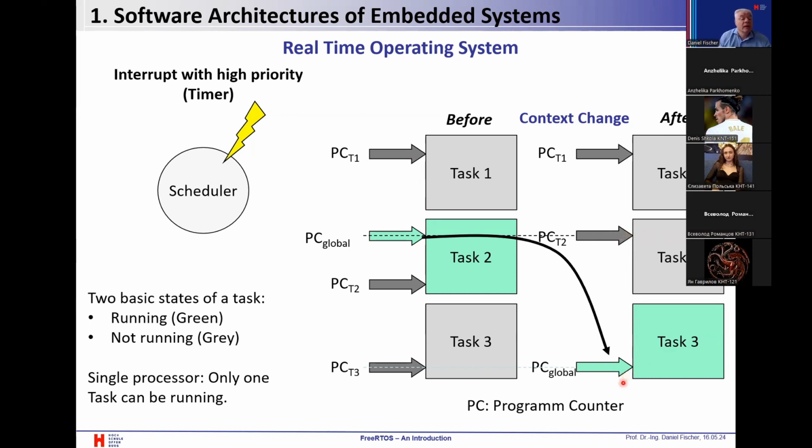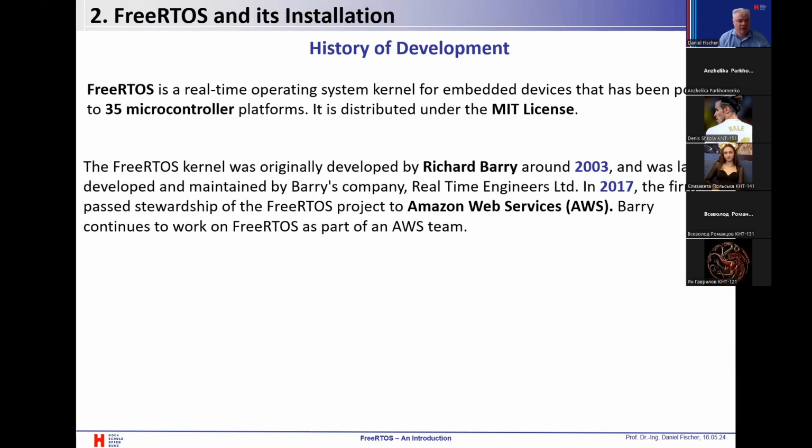And then the scheduler has to read the stored program counter of task 3 and restart the task with this program counter. And then we made a context change and we switched from task 2 to task 3. This is the basic principle. Of course, it's much more complex, but for the beginning, this is enough. Okay, now we switch to FreeRTOS.